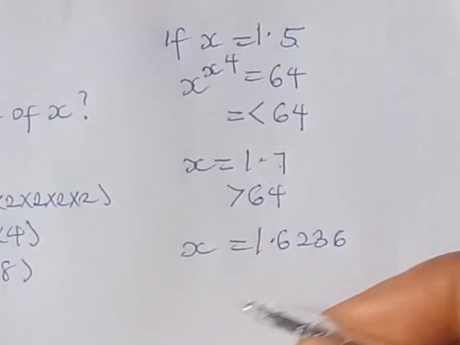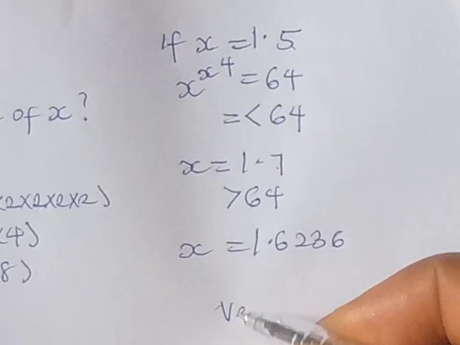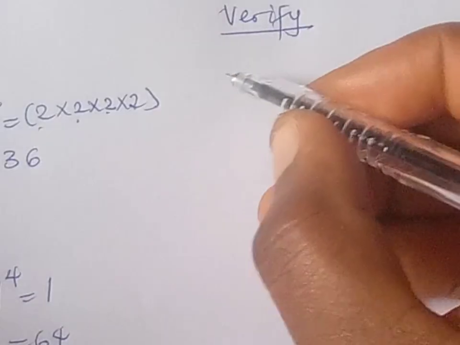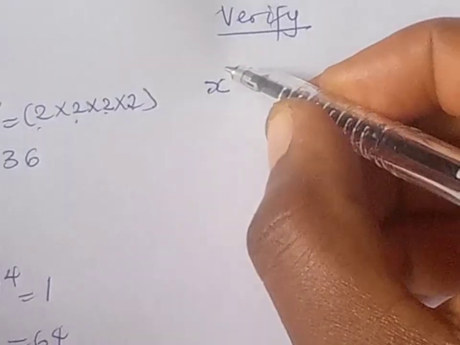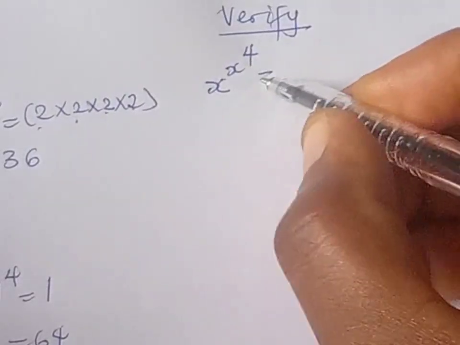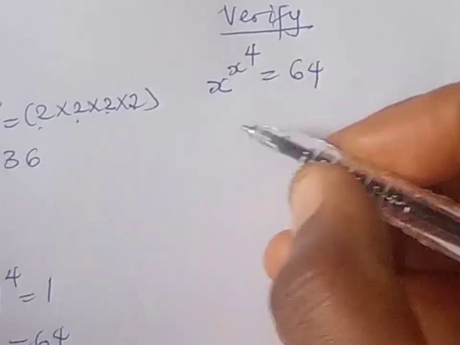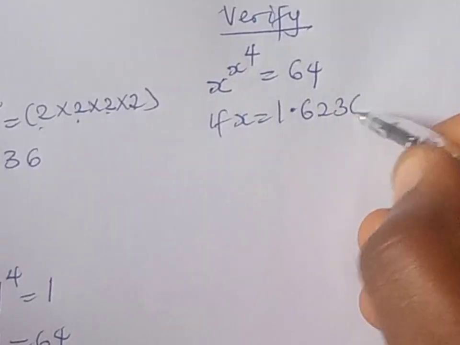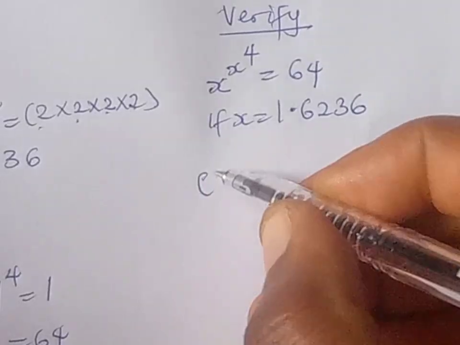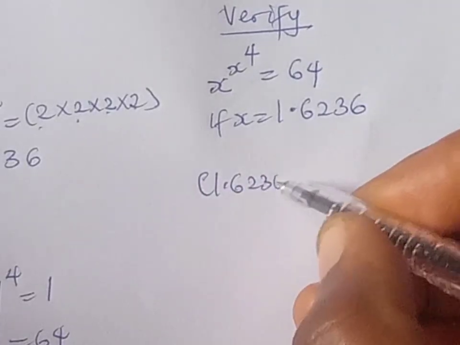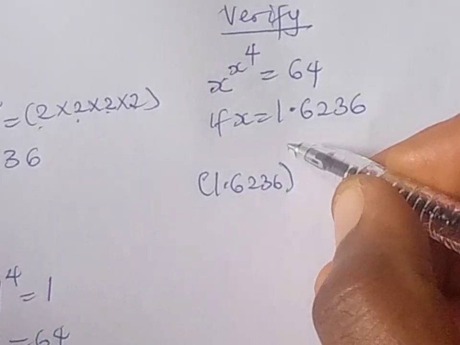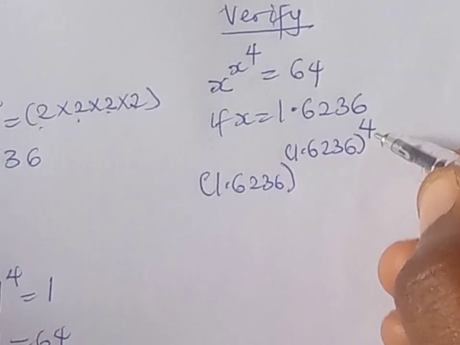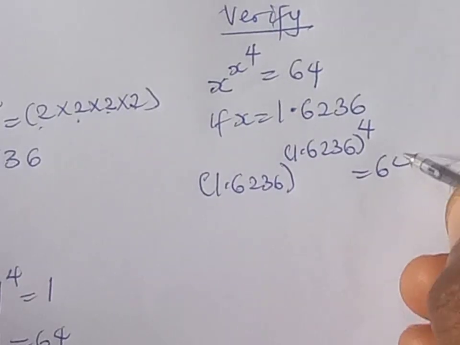Now let's verify if our x is truly correct. Our equation again, x raised to the power of x to the power of 4 equals 64. Now if x equals 1.6236, that is 1.6236 raised to the power of 1.6236 to the power of 4 equals 64.